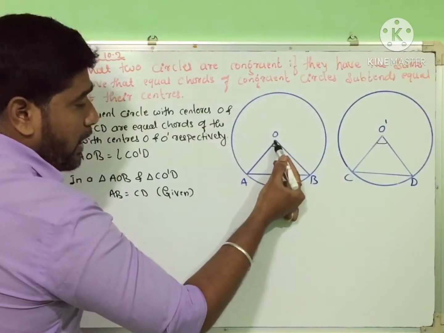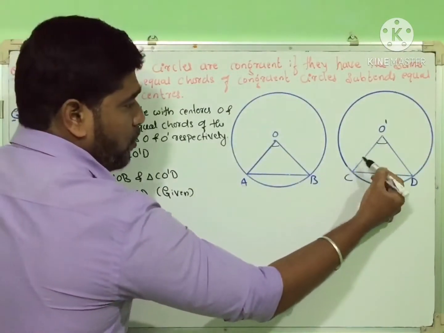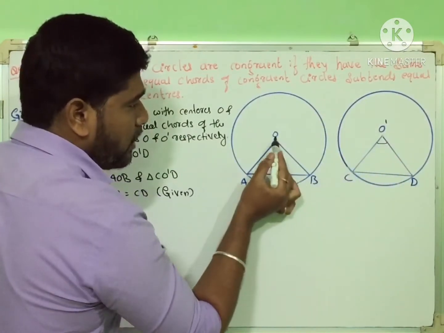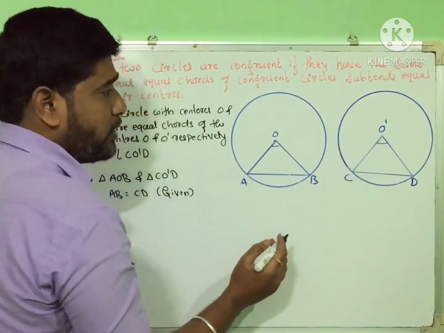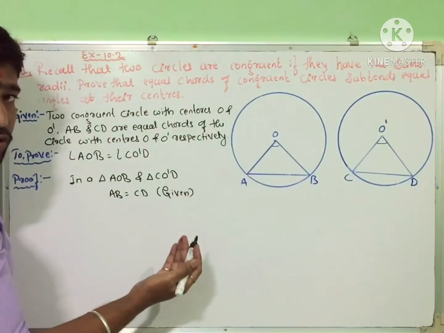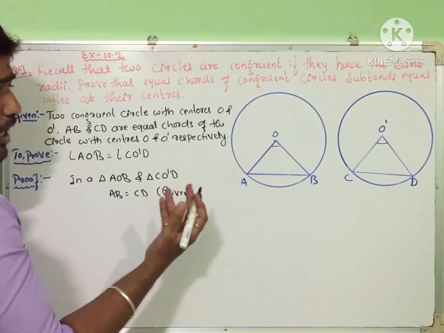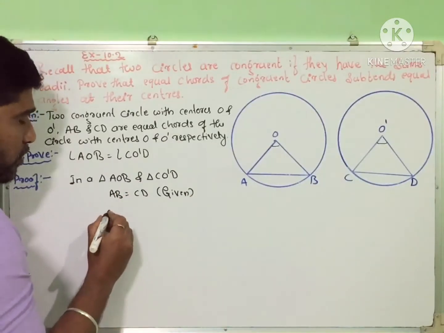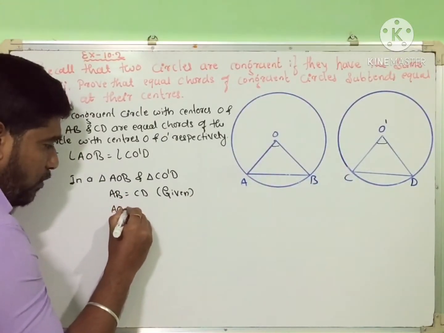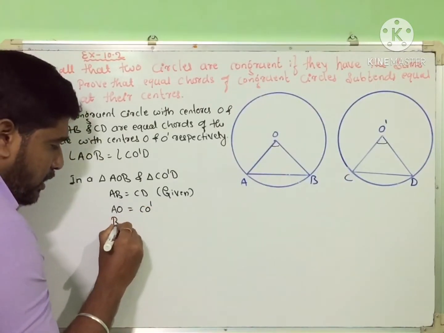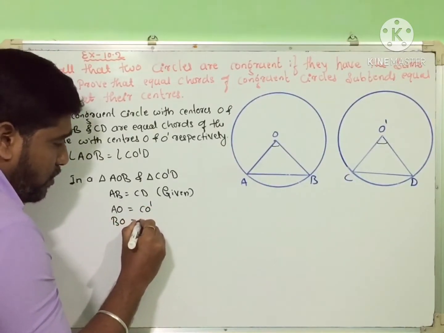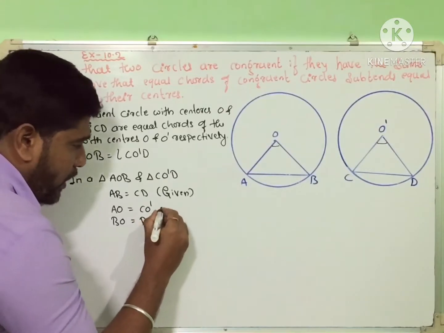And AO is equal to CO dash and BO is equal to DO dash, because the radii of congruent circles are equal, right? So write down AO is equal to CO dash, BO is equal to DO dash.